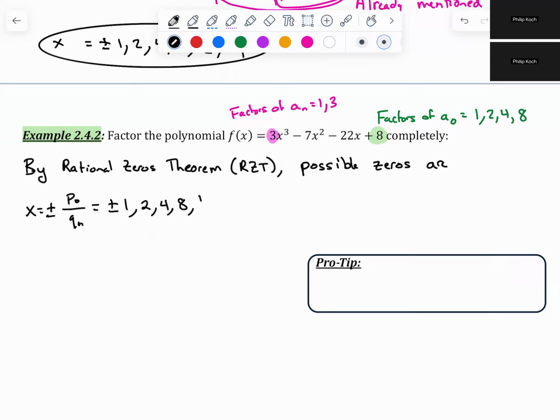Then there's 1/3, 2/3, 4/3, and 8/3. Please ask a question if you don't see where that came from. Please, please, please. I've always found this to be the weird part.